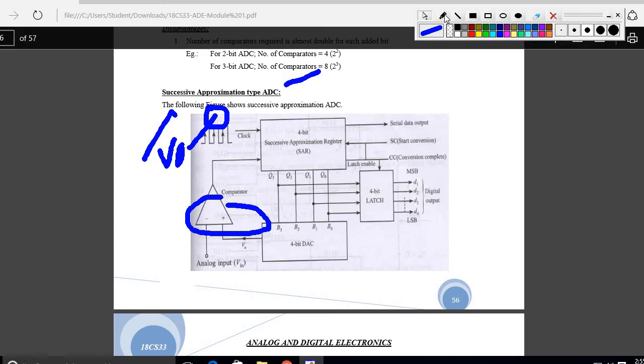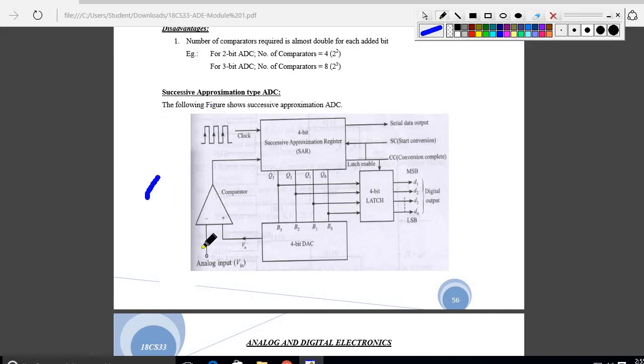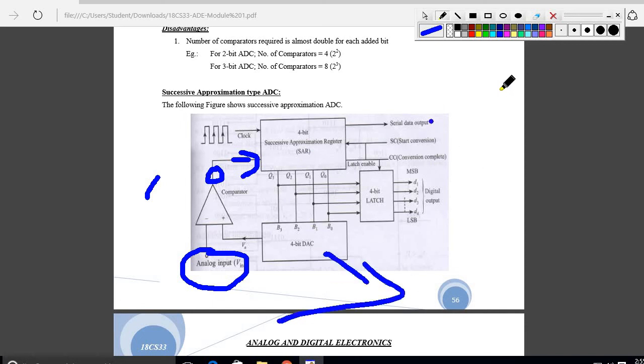So first, what is the concept behind this successive approximation? I will tell that. This is a comparator, and I am giving the analog input signal to the inverting terminal. The output of the comparator goes to the successive approximation register. The output of this 4-bit SAR will be given to the 4-bit DAC. Here is the serial data output.